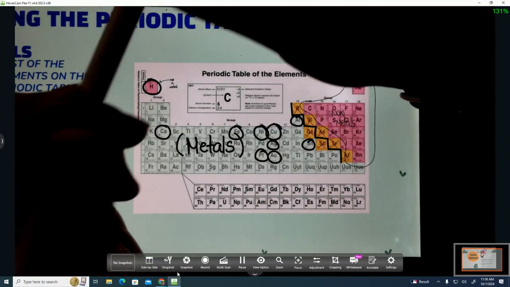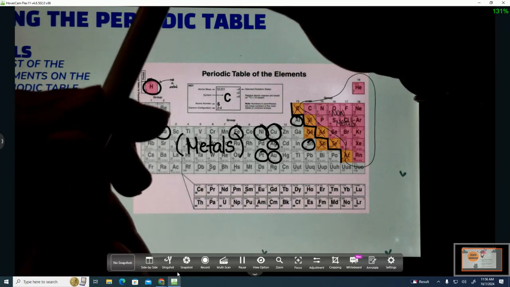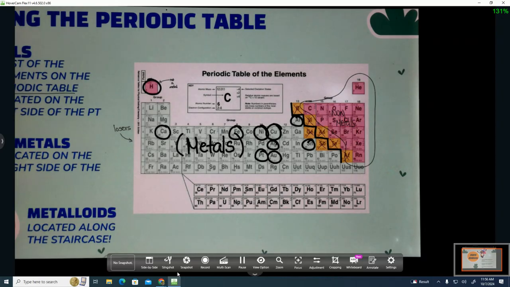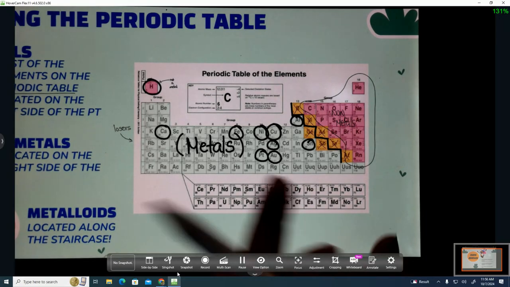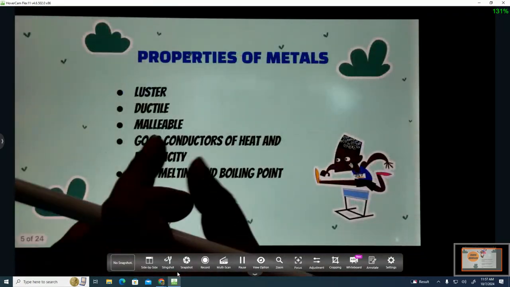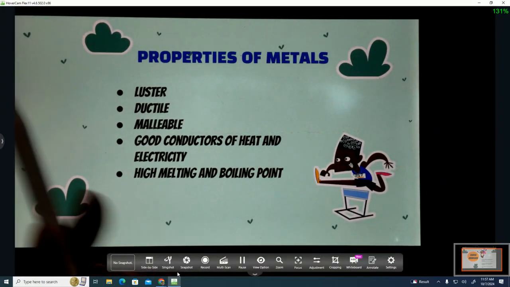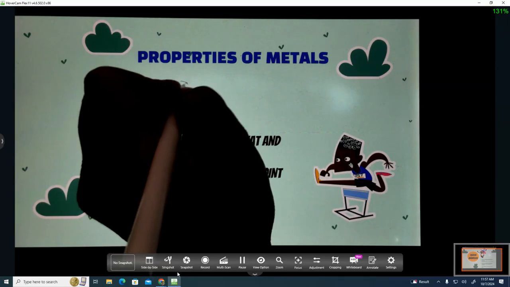Do you know what the word ductile means? Okay. Ductile means you can make it into a wire. So they heat up the metal so it gets red hot, and then they pull it, and they get this long, skinny strip of metal in between. That's ductility. All right, so here are some of my properties of metals. Luster, which means they are shiny.